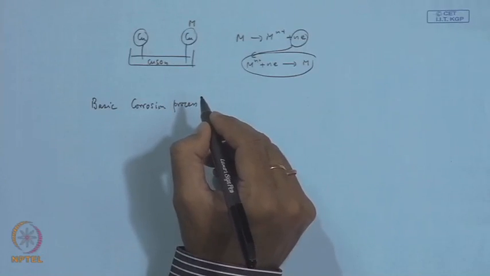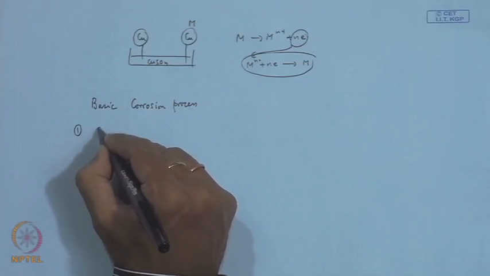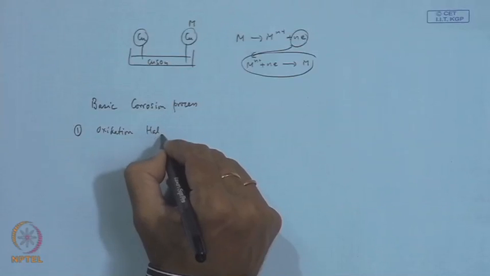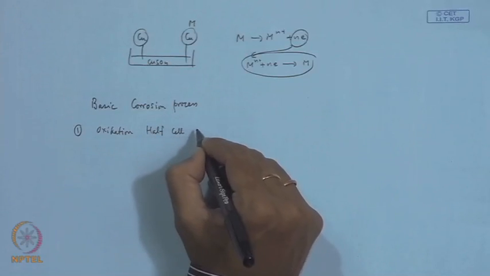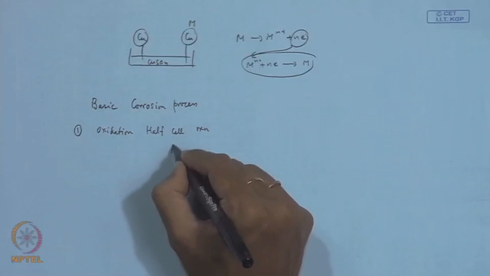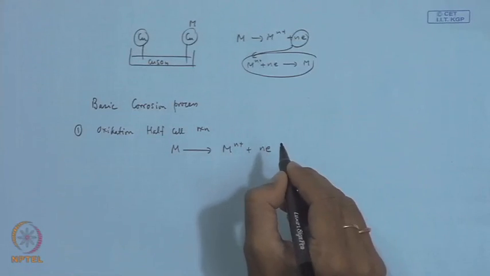Basic corrosion process: the first one is oxidation, the oxidation half cell reaction. So, this is basically your metal to metal n plus plus n electrons. Okay.